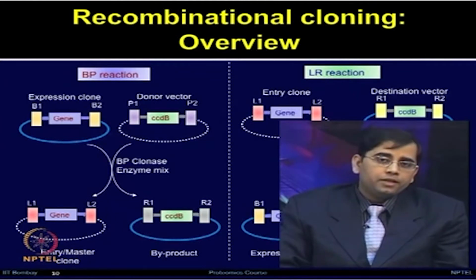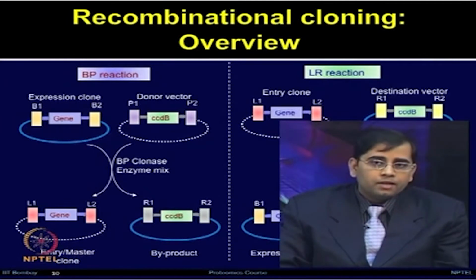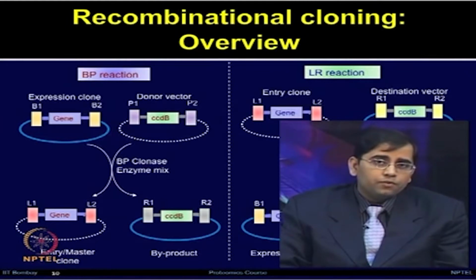The recombinational cloning makes use of a master clone, as you can see in the slide, having a particular gene that can be rapidly transferred to the desired destination vectors, and thereby it provides significant benefit over the conventional cloning methods.